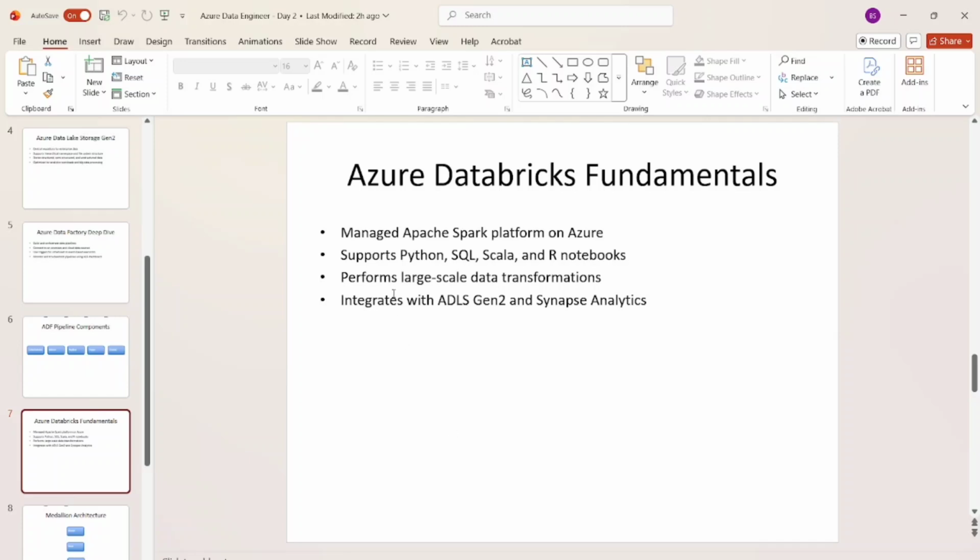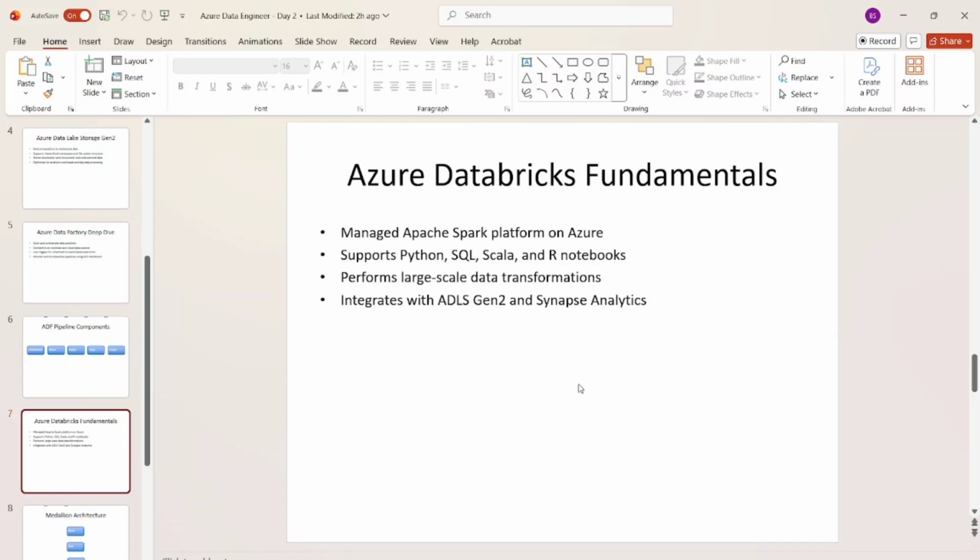Here you see there are 4 points: managed Apache Spark platform on Azure, supports Python, SQL, Scala and R notebooks. Databricks generally supports these languages: Python, SQL, Scala and R. It performs large-scale data transformations and integrates with ADLS Gen2 and Synapse Analytics.